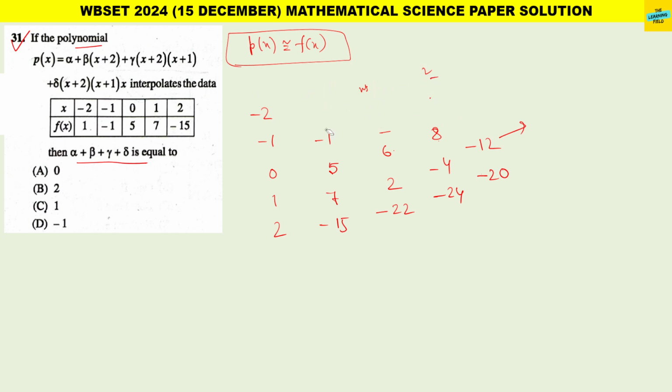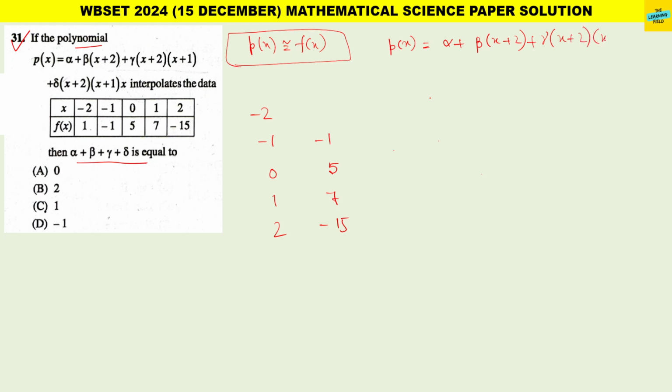Okay, so we can put the value. So P(x) equal to what? P(x) equal to alpha plus beta into (x plus 2) plus gamma into (x plus 2)(x plus 1) plus delta into (x plus 2)(x plus 1)(x).